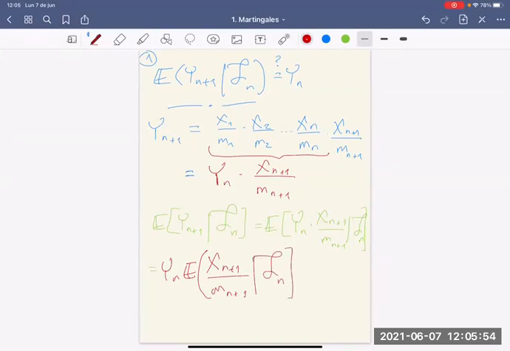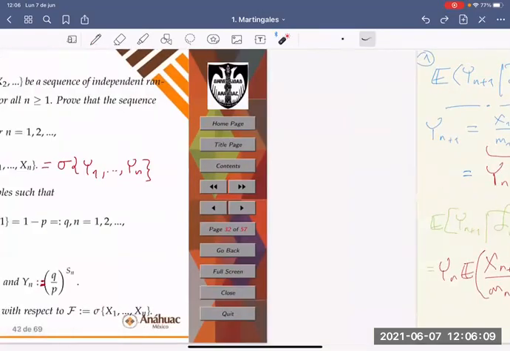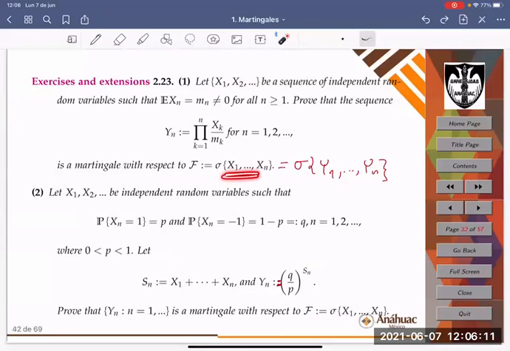And now I just need to see that this history here just came from all these X's. You see?